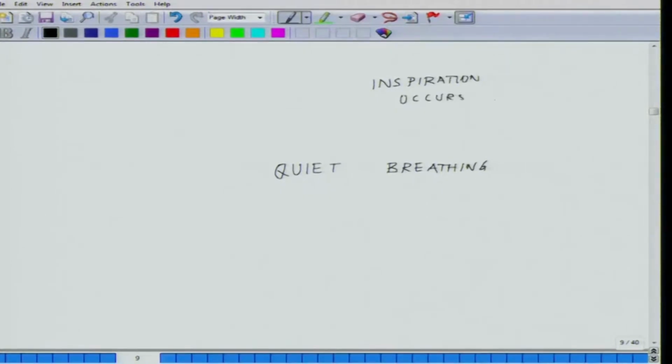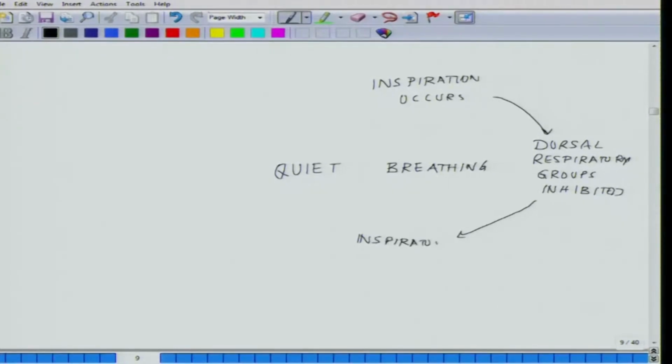This is followed by the dorsal respiratory group being inhibited, and the inspiratory muscles relax. Then the next thing that happens is passive expiration occurs.